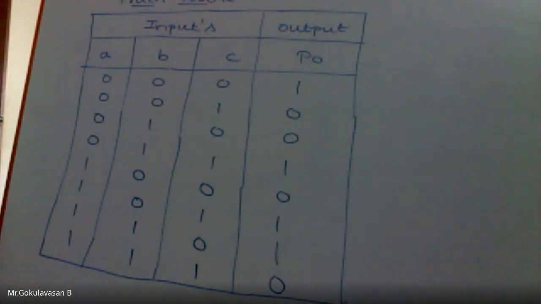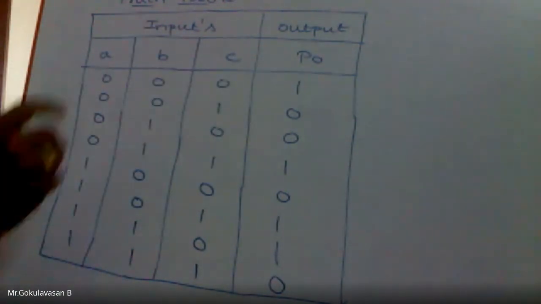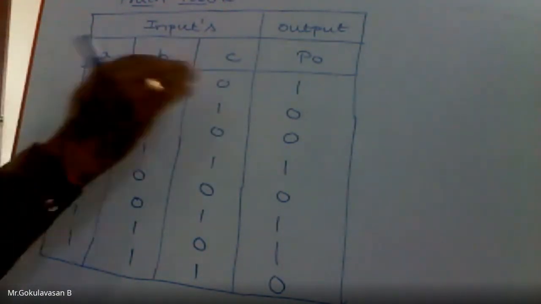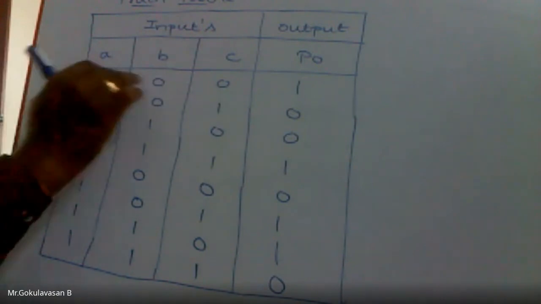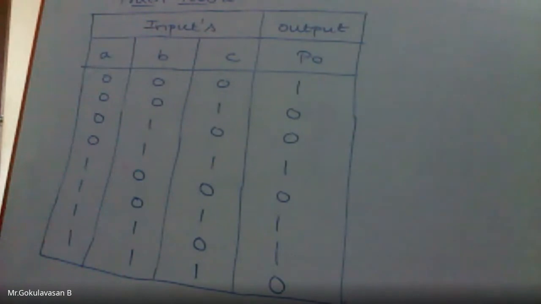So how Priyadarshi has given this answer is, as I said, we have to count the number of ones in the input string. Here you see the input string, row wise you go. For the first case, A is 0, B is 0, and C is 0. The procedure is we have to count the number of ones in the input string.